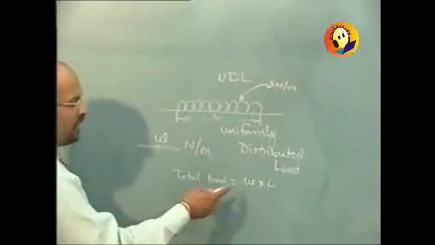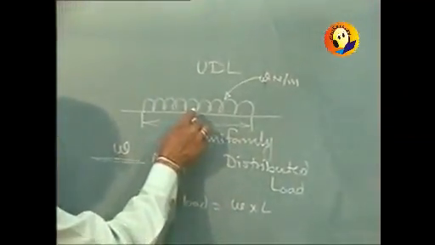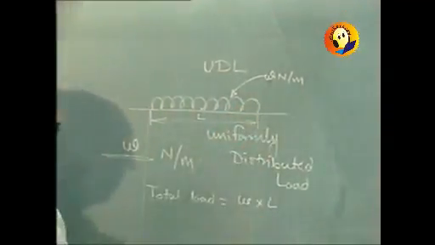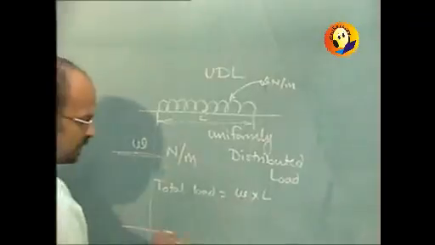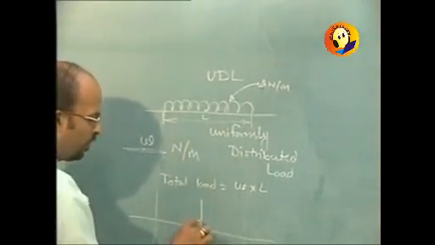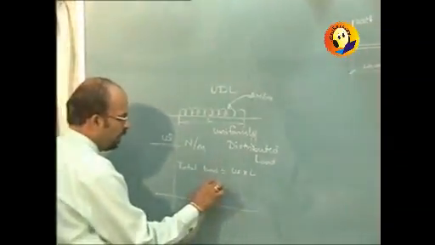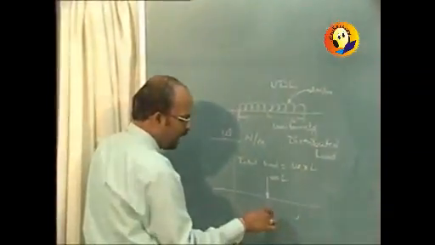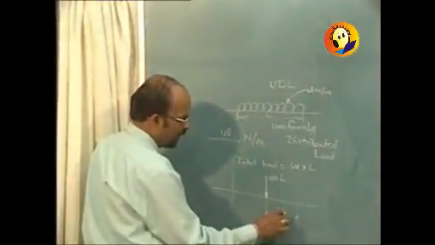And when it is converted to a point load, it will be acting at the center, and the equivalent figure can also be drawn. That is the same beam, but the load of W into L will be acting at the center of the span on which it is acting.